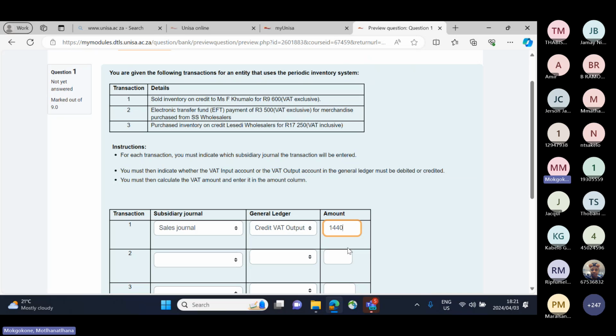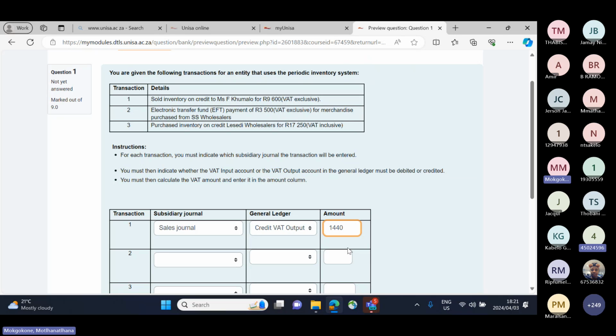Here I take 15 divided by 100 to exclude VAT, because I said it is VAT exclusive. That's why I said 9,600 times 15 divided by 100, because 100 is the amount excluding VAT. So you took out the VAT from there because it said VAT exclusive.